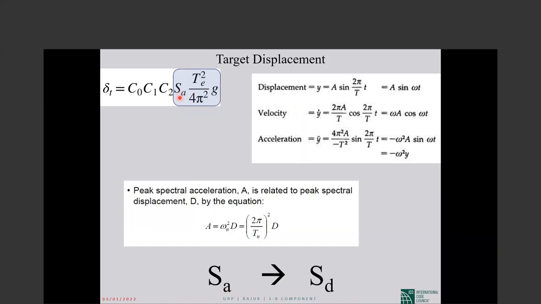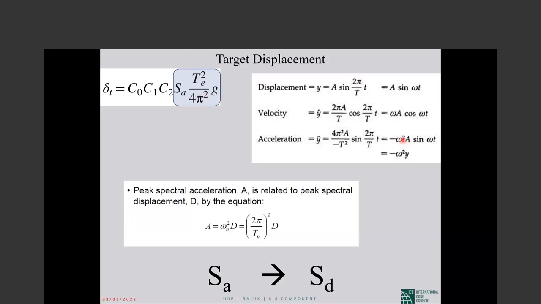Here this SA is divided by omega squared, where omega is 2 pi divided by T. It seems a little complicated, but it's not.